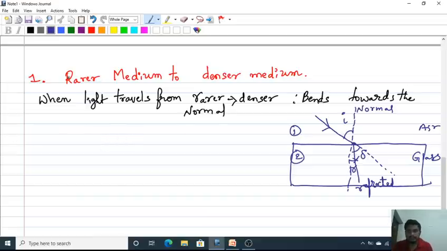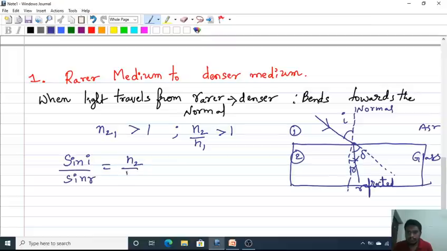Okay, so when light is traveling from rarer to denser medium, here n2 is greater than n1 and n2 by n1 is greater than 1. From Snell's law, we can write sin i by sin r is equal to n2 by n1 is greater than 1.